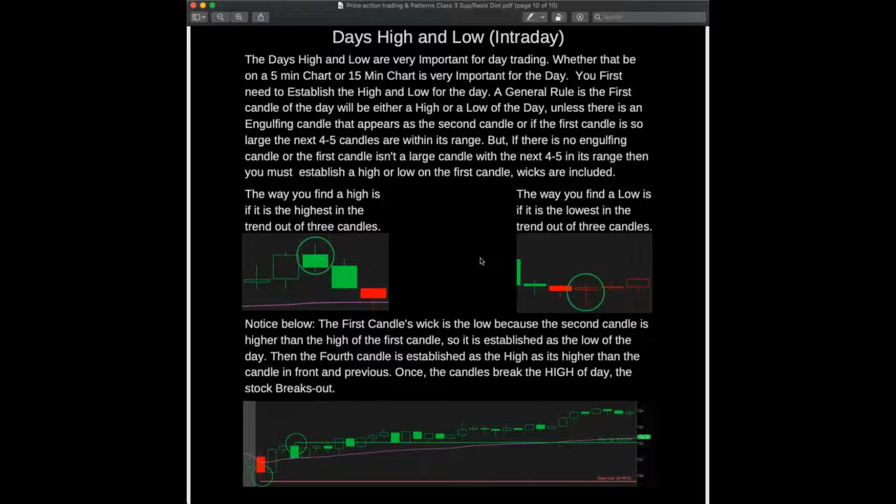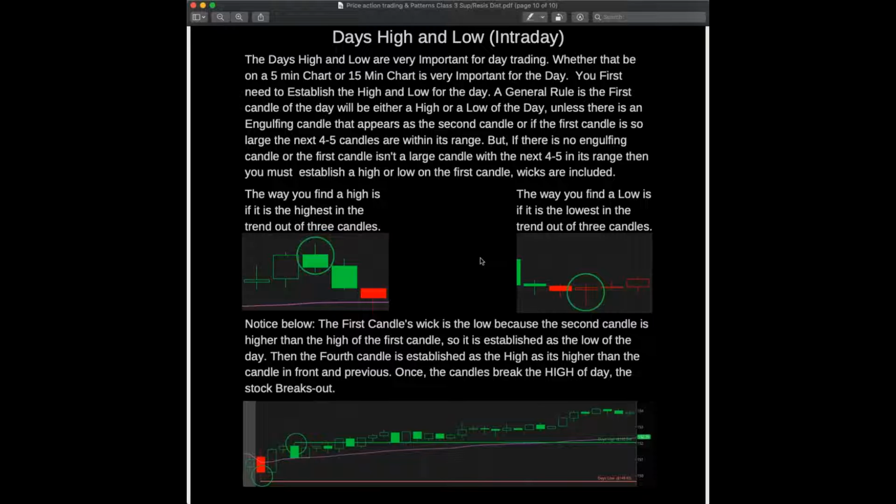Okay, but if there is no engulfing candle, or the first candle isn't a large candle with the next 4 to 5 in the range, then you must establish a high or low on the first candle. Wicks are included.